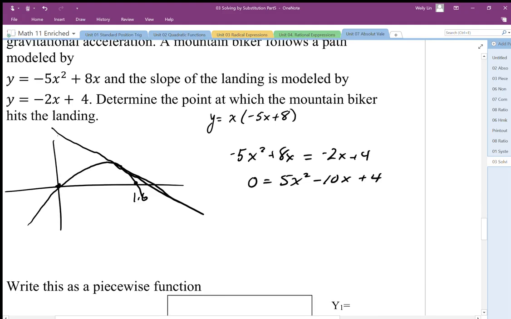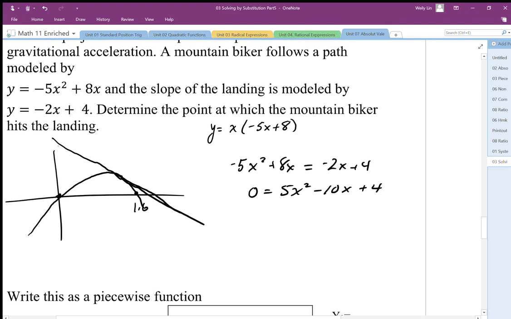We'll need to see if we can factor this. This is not factorable, so I need to plug this into the quadratic formula. So I end up with x is equal to 10 plus or minus the square root of 100 minus 4 times a times c, and that's all over 2a.